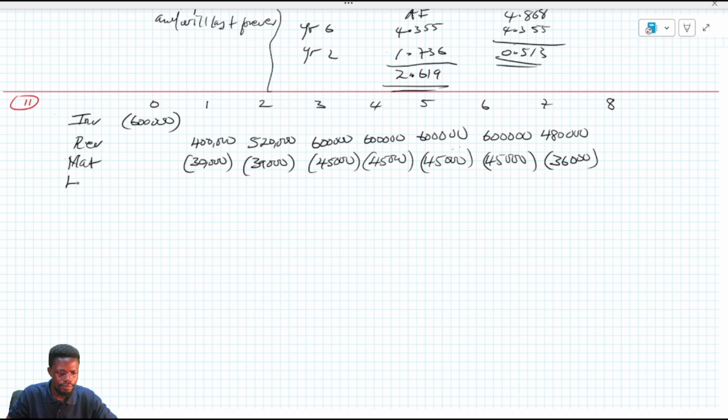Labor. The next one was labor. What was labor? Remember, $8 per hour, and doing it, you got 80,000. The other one was 104,000.